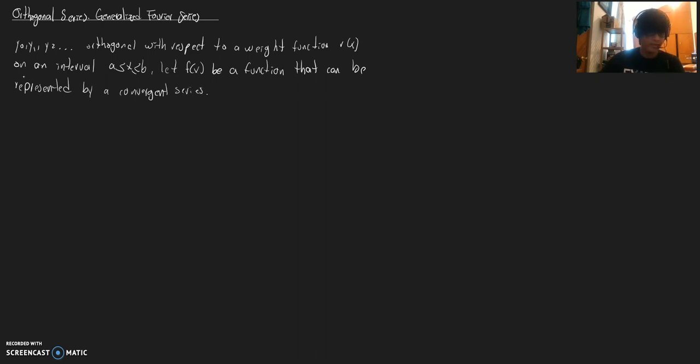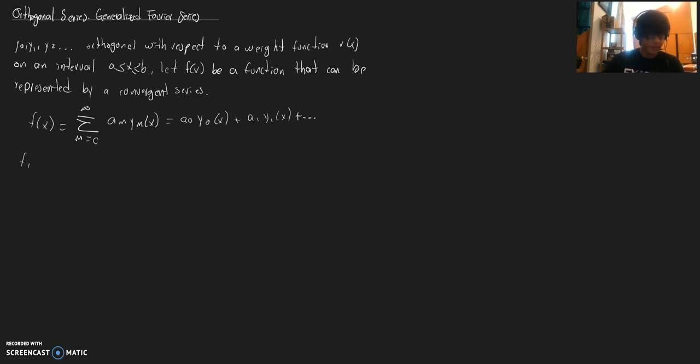So let's have f of x equal to the summation of m equals 0 to infinity of am ym of x. Well, this summation, and we will have a0 y0 of x plus a1 y1 of x, and so on.